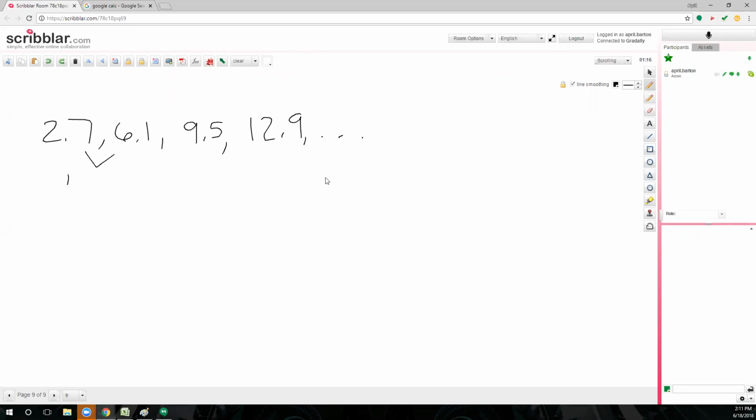What's 2.7? What do I add to that to get 6.1? It's harder to tell. So a way to find a common difference, if it's not as easy to see, is to do the second term minus the first. So which one is the second term on our list?